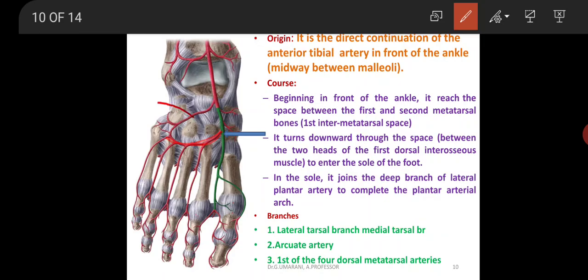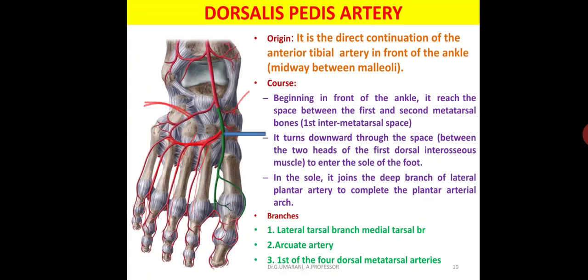It divides into the lateral tarsal branch and the medial tarsal branch. Then the arcuate artery unites with the lateral tarsal branch, and this arcuate artery gives the metatarsal branches, and these metatarsal branches give the digital branches. So these are all about the dorsalis pedis artery.